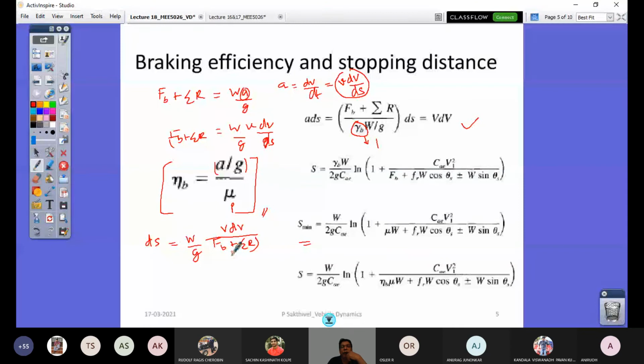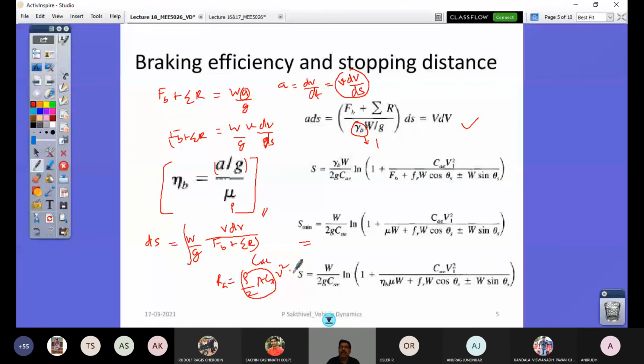So I have V dV on top, and in the total resistances, I have one resistance which is the aerodynamic resistance. What is the expression of aerodynamic resistance? It is rho by 2 times A CD V squared, that we have seen. So these are all constants. Let us call that CAE, so that is CAE times V squared.